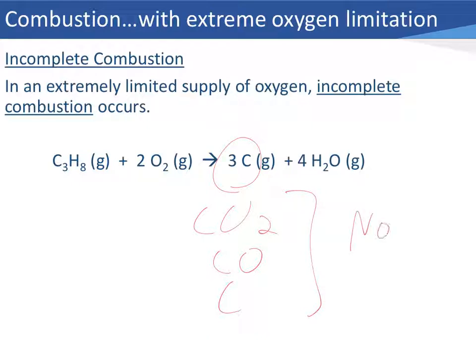The answer to that prediction question is no, you're not expected to predict those. But just to be aware that if I have more oxygen present, I'll get more CO2, and if I have less oxygen present, I'll get more carbon, and it's a bit of a continuum in between. So less oxygen present means I get more of what's on the bottom of this list. More oxygen present means I get more of what's on the top of the list. And if I have plenty of oxygen, I'll get only CO2.